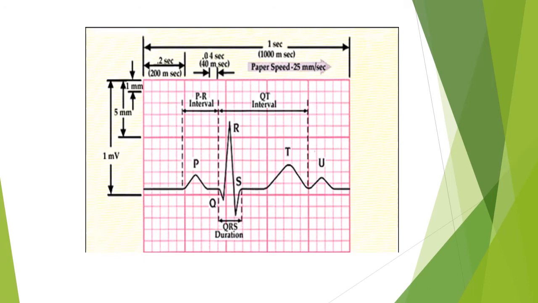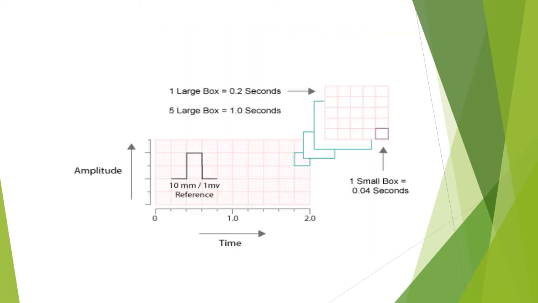So each large box is further divided into 5 minute boxes. Each is 1 millimeter wide, and each minute box will equal 40 milliseconds. So that is the horizontal axis that represents the time here.